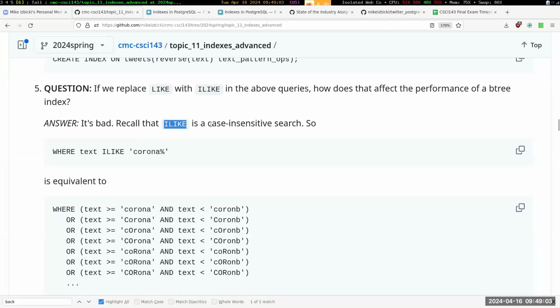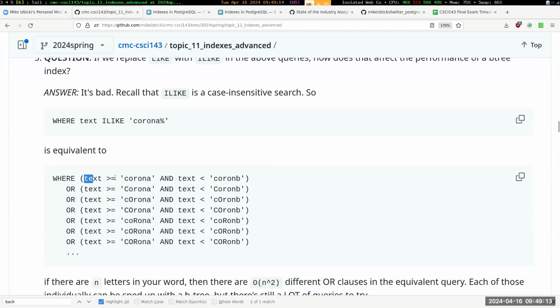again, ILIKE is case insensitive. In order to do a case insensitive search on something like this, you have to expand this to many, many expressions, where the greater than or equal to and the less than include many combinations of greater than and less than with uppercases and lowercases in different spots. So this first condition up here is all lowercase.